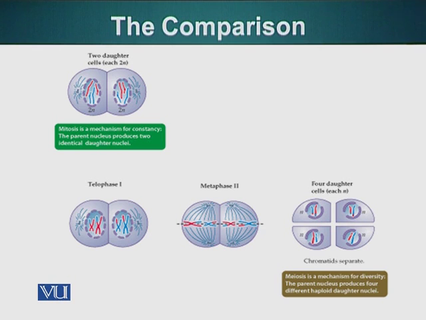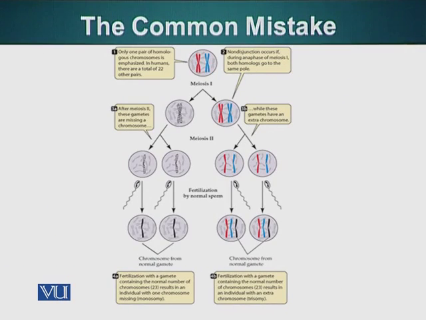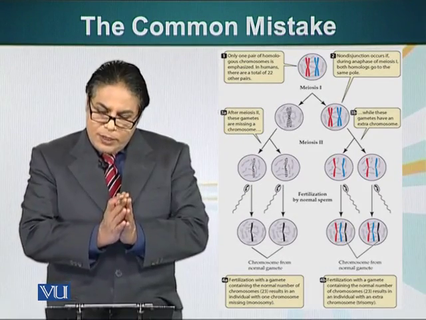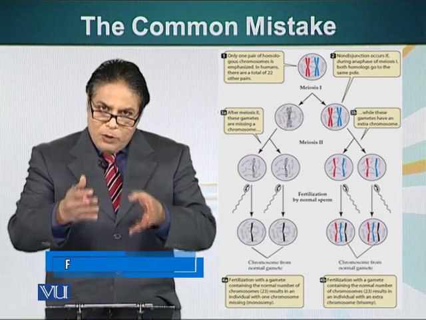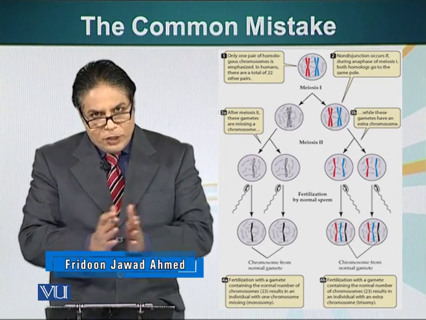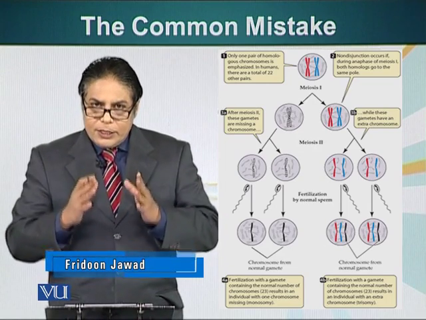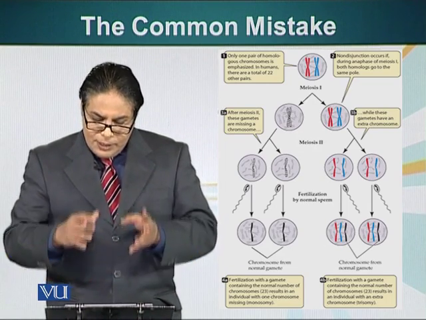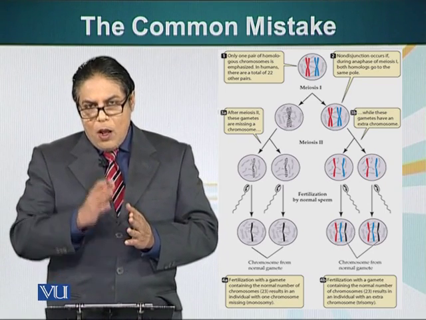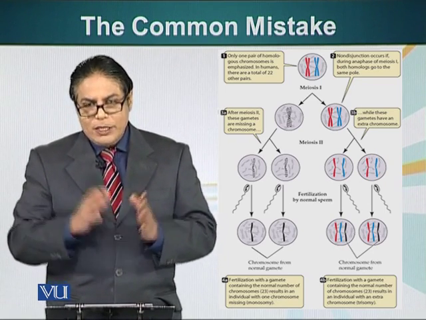Additionally, at this stage, I would also like to mention that sometimes mistakes are made in meiosis which have serious consequences. In meiosis 1, for example, if the homologous chromosomes fail to separate from each other, or in meiosis 2, if the sister chromatids fail to separate from each other, the resulting germ cells, whether they are sperm or egg, will either be missing a chromosome or have an additional chromosome.